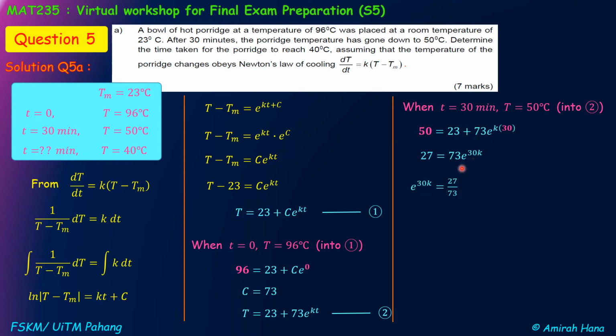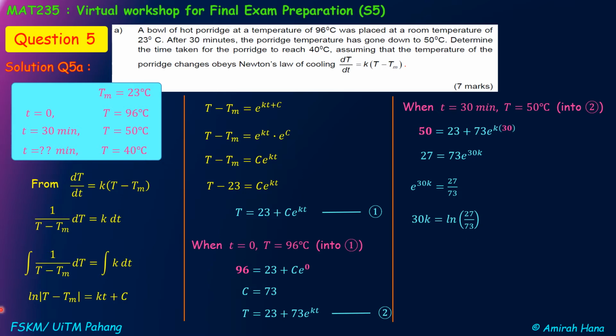Next, we have e to the power of 3k equals 27 over 73. When we move e to the right-hand side, the left-hand side is 3k, equals ln of 27 over 73.